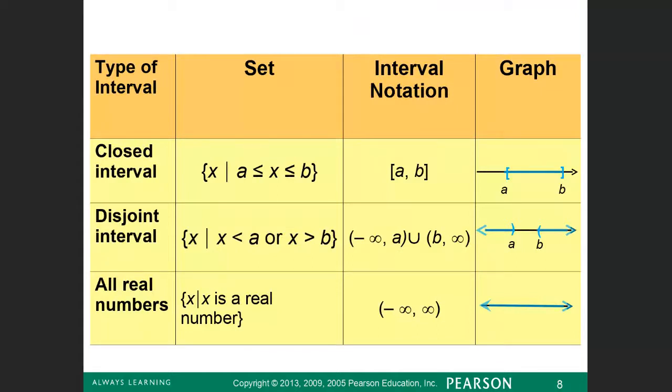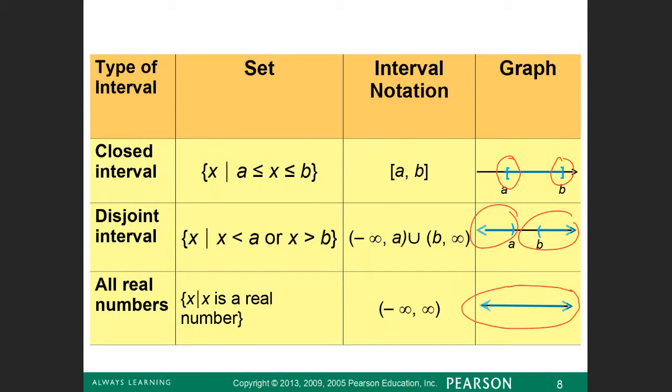And then you can have the closed interval. Closed interval means you have this square bracket, and that's the middle part of the number line you're looking at. The disjoint one is actually pointing to the left and pointing to the right. That's how we call disjoint interval. And all real numbers means that your solutions can be anything in the number line.